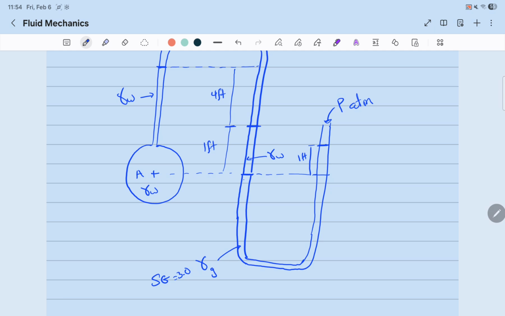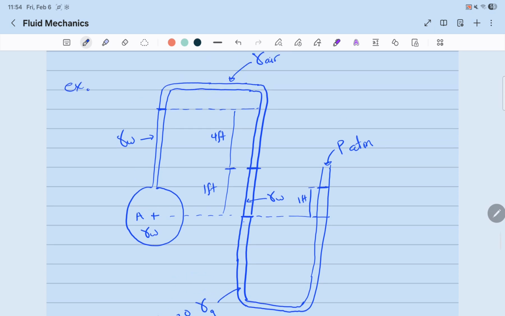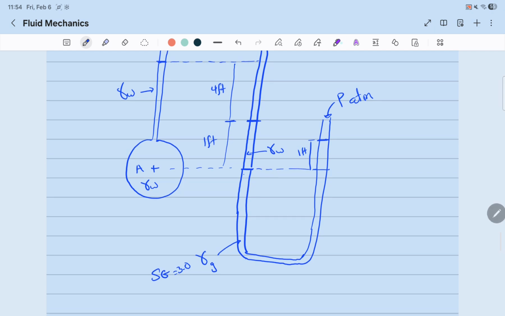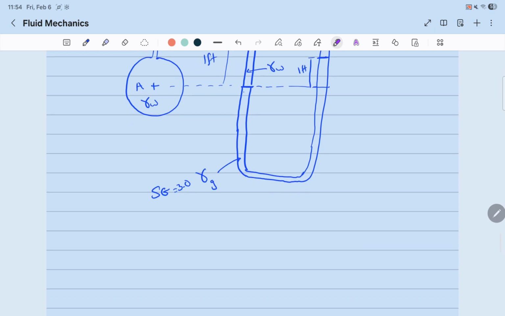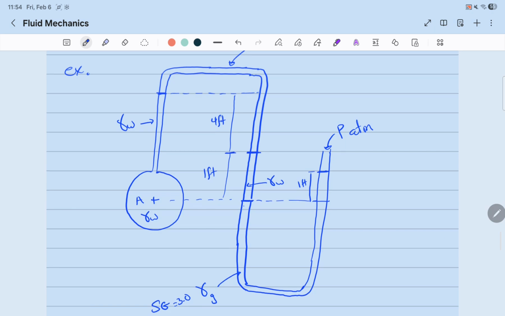Now, when solving a manometer problem, I like to start from the center point. So PA. Since we're going up from PA, the pressure decreases as we go up, so it'll be minus.